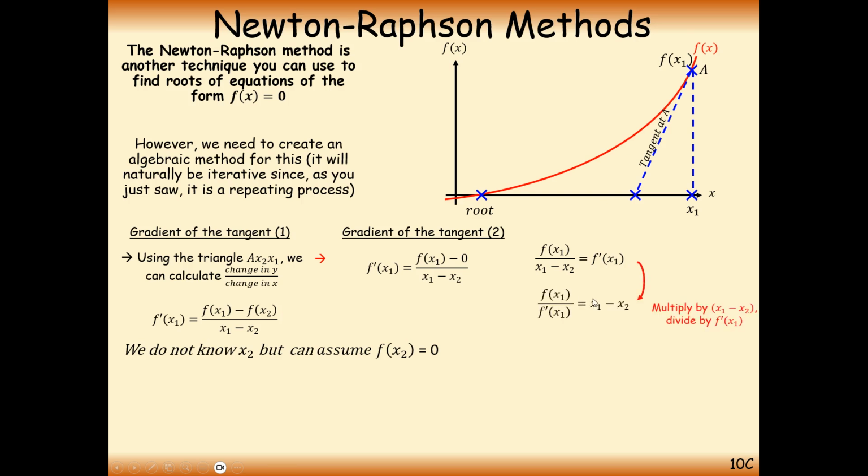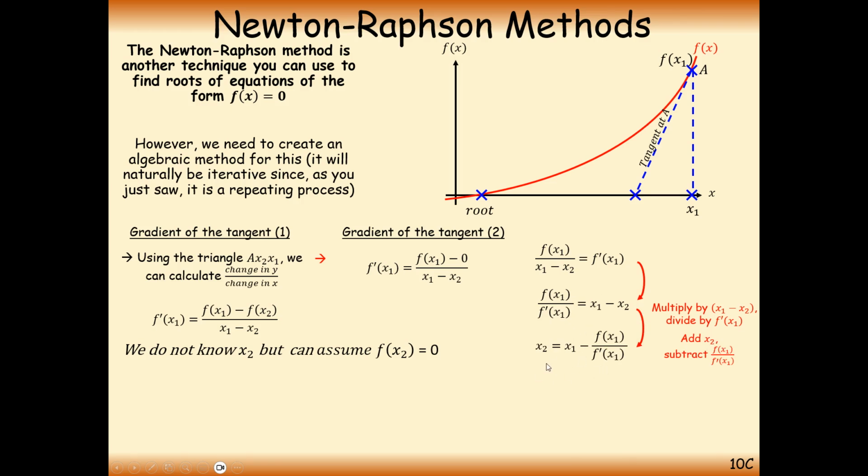So we'll have x1 minus x2 on the right side of the equation. Then we can simply say x2 will be our next input for the iteration. So we can swap around x2 with the fraction on the left. And what we end up with is this expression here.